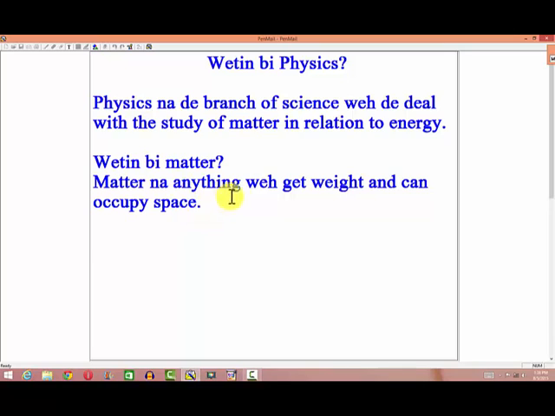Anything where you fit see, anything where get weight, na matter. Anything where get weight can occupy space. That's a simple meaning, but that's how they want you to define it. Anything that can occupy space and have weight, according to English.